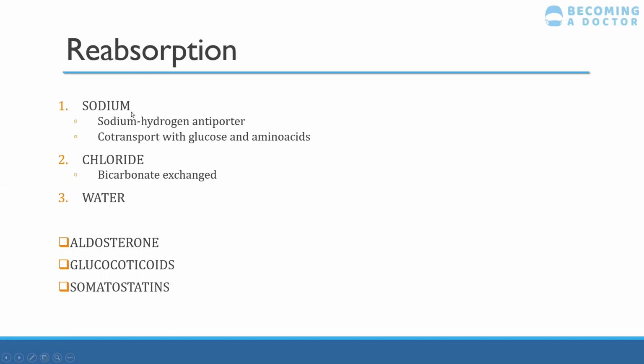Because of these electrolytes, there is an osmotic gradient which is created, which allows absorption of water. So you have aldosterone, glucocorticoids, and somatostatin, which all increase the net absorption of water, and the way they do this is by increasing the action of the sodium-potassium ATPase, so your sodium-potassium pump on your basolateral membrane of the enterocytes.